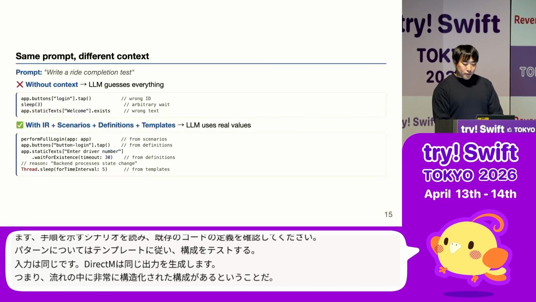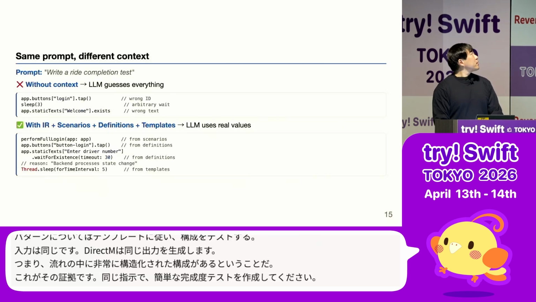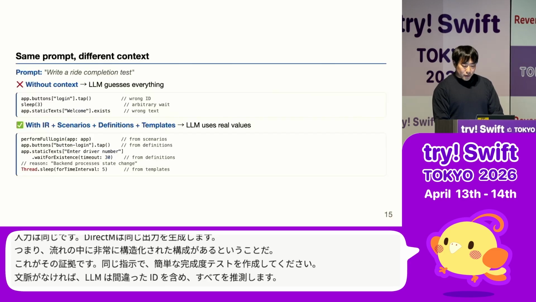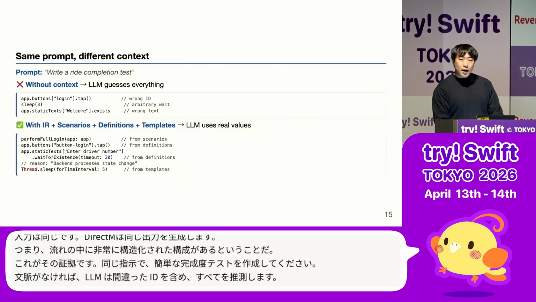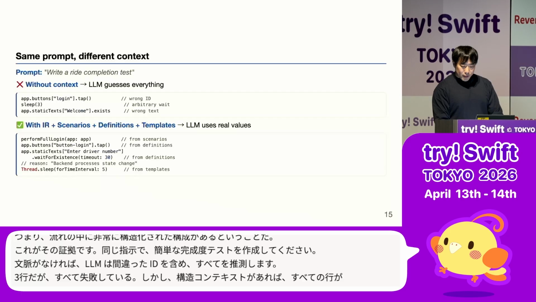And this is the proof. Same prompt, like write a login completion test. Without the context, the LLM guesses everything, including wrong ID, arbitrary sleep, and wrong text. Three lines, but it all fails. But with structured context, every line traces back to the source.